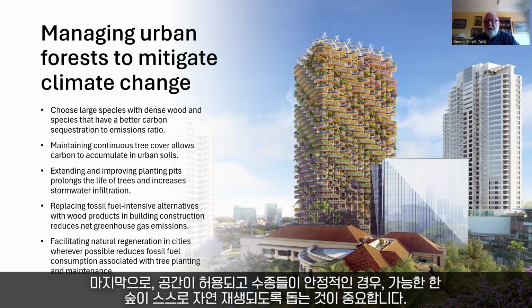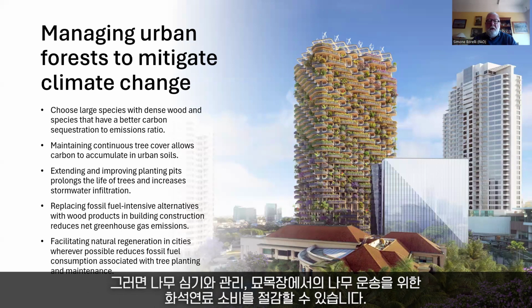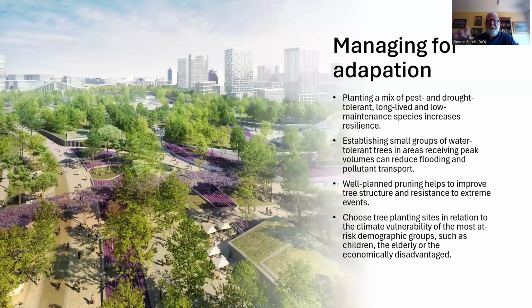And finally, once again, if the space allows and the species are sturdy enough, it's important to, as much as possible, facilitate natural regeneration of forests. That way, we reduce all the fossil fuels associated with tree planting and maintenance, and of course, transporting trees from a nursery to a site. If we can get natural regeneration, that helps make this lighter.